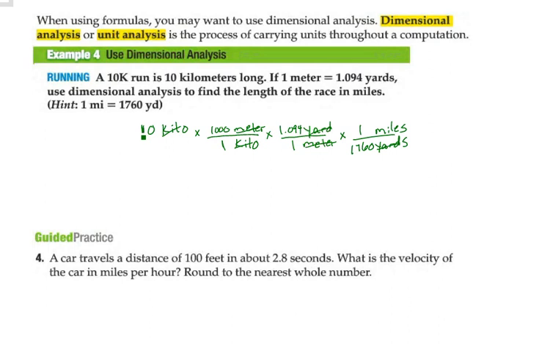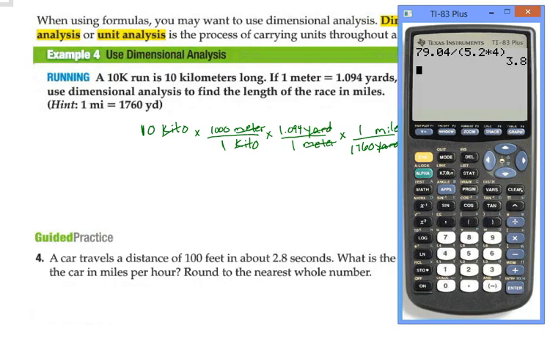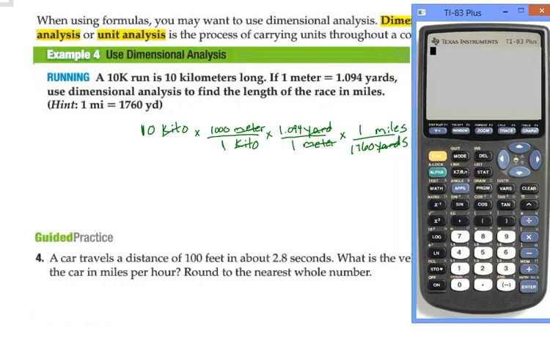So in my calculator, I'm going to multiply all of those numerators together, and I'm going to divide by all of the denominators. So in parentheses, I'm going to start with my 10, multiply it by my 1,000, multiply it by my 1.094. Whoops, that did not work.